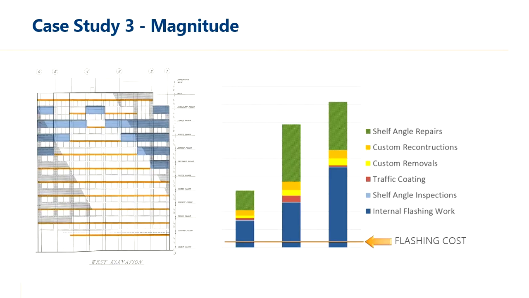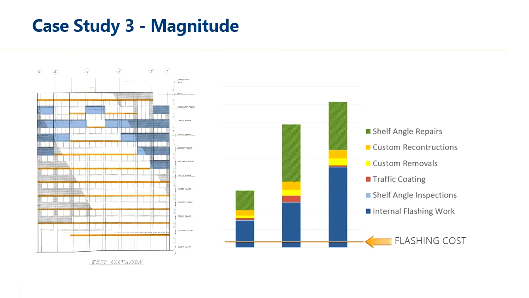So to give you an idea of the magnitude of the difference, in the image on the left, the blue is the types of balconies we were working with, and the orange is all those shelf angles that we were talking about. So that gives you an idea of the scope. But if we estimate the actual flashing cost, it is just a small portion of all the work that had to come, because you had all of that material removal, reconstruction, and access costs.